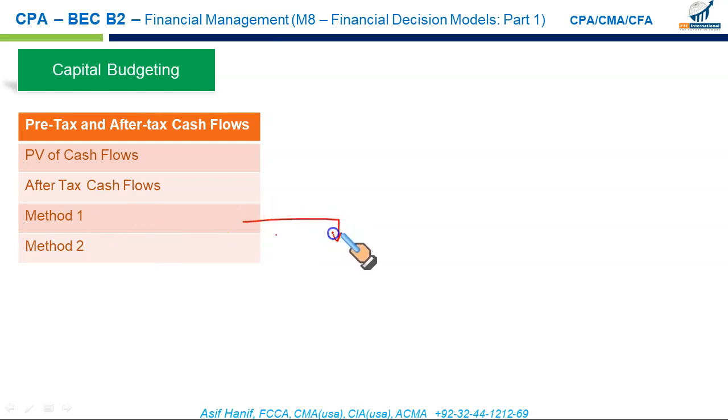In the first method, you start from your net income, and to this net income you simply add your full depreciation expense. It will give you the cash flow on a yearly basis: net income for the year plus the full depreciation expense.